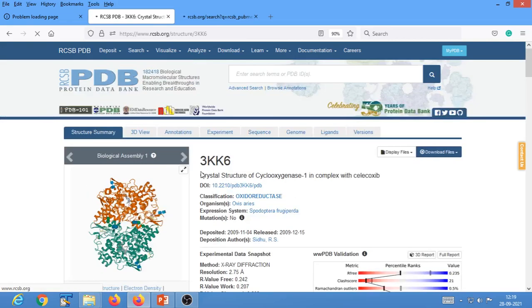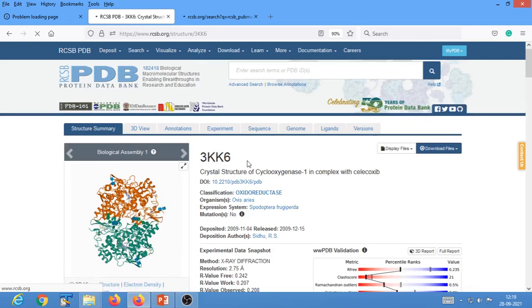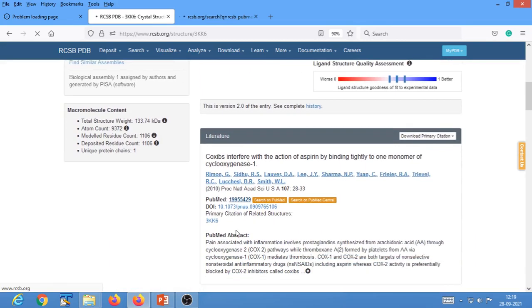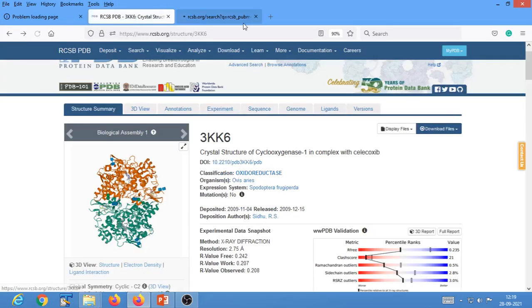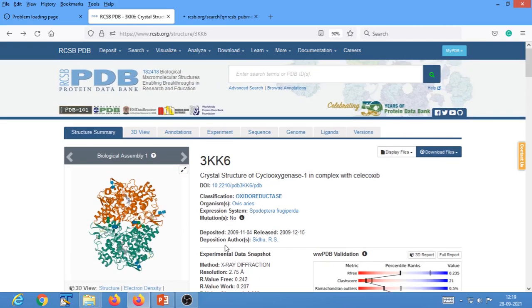This model 3KK6 was published in a very good journal, Proceedings of the National Academy of Sciences, PNAS. You can download the paper from PNAS, read it, and then work on your model. That is what I mean to convey from today's lecture.